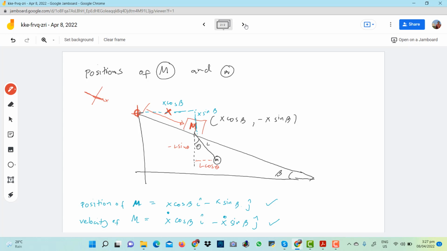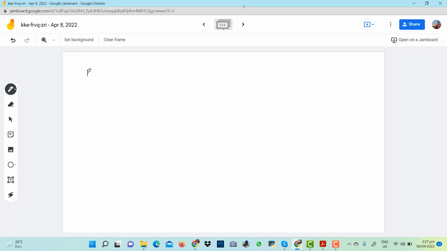So the position of small mass m is the sum of the two. For the horizontal position, I have x cosine beta plus L cosine theta, while the vertical position is minus x sine beta and minus L sine of theta.